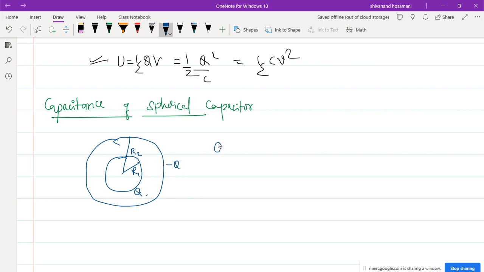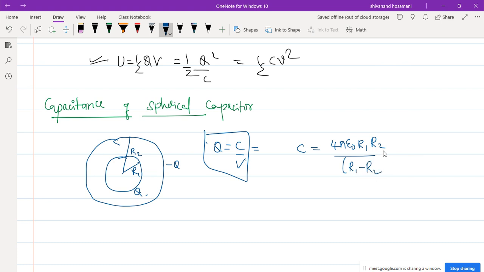Therefore, how to calculate its charge? Charge is equal to C times V. Here C is given by 4 pi epsilon naught r1 r2 divided by r1 minus r2, with r2 greater than r1 in magnitude. Once C is known, the charge is calculated automatically.